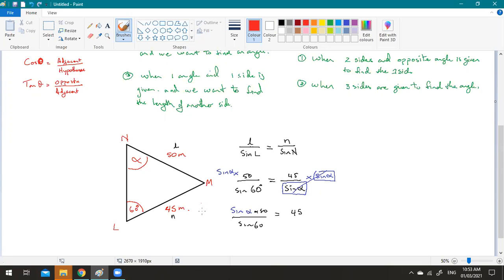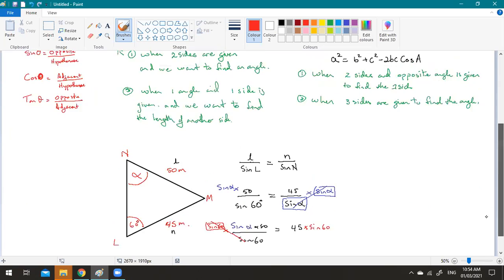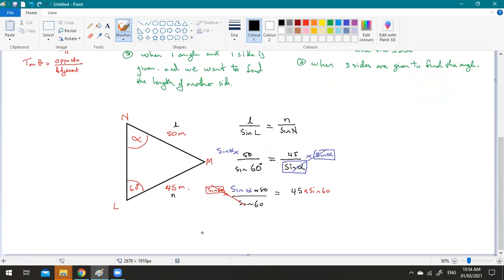Now, I want to find sine alpha, so I want to get rid of the sine 60. What's the opposite of dividing? Multiply. If I multiply by sine 60, it cancels off with the sine 60. So we have sine alpha by 50 equal to 45 by sine 60.